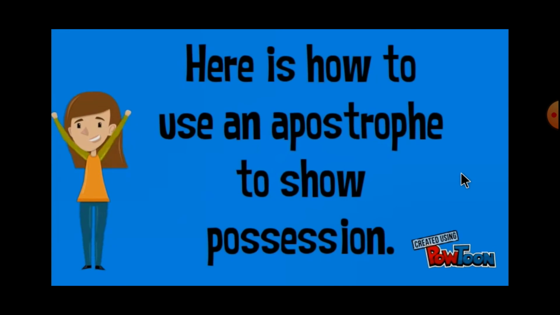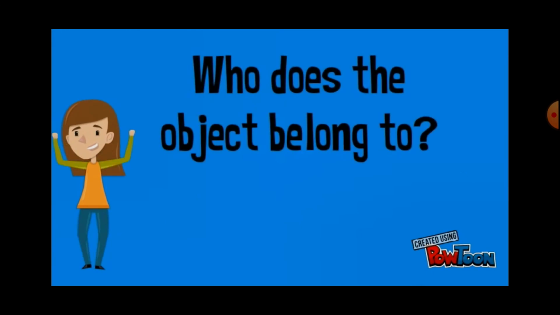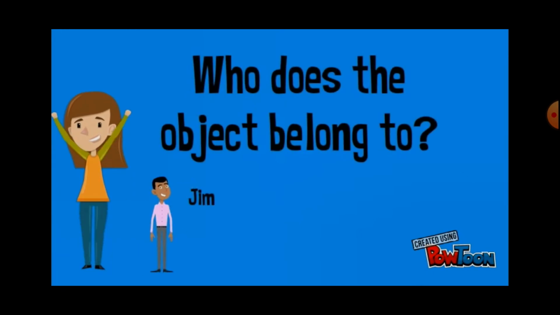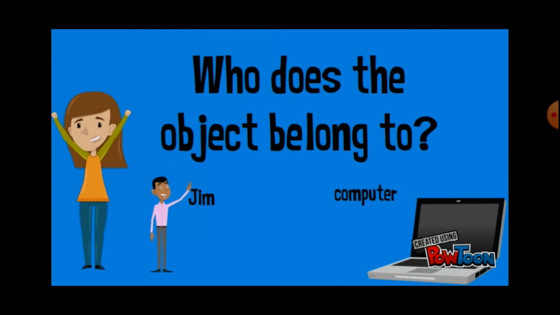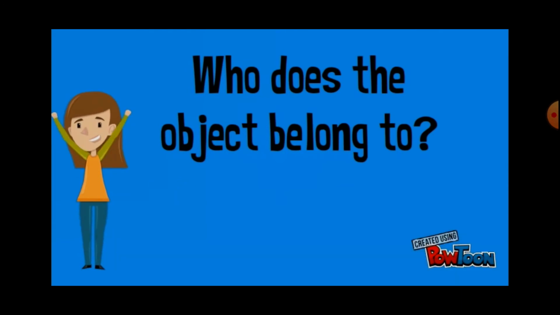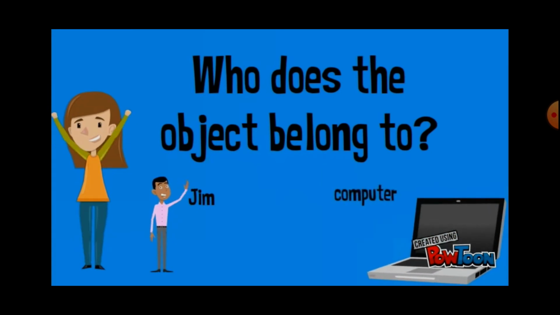So, here is how to use an apostrophe to show possession. Who does the object belong to? There's Jim and his computer. When I add an apostrophe S, it becomes Jim's computer.